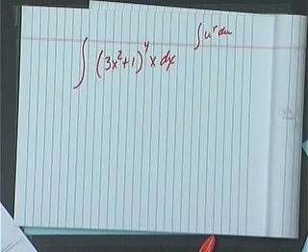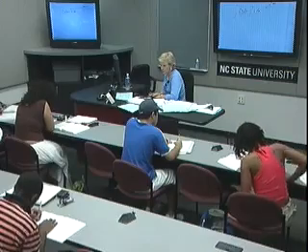You always find your u, make the substitution, and then go directly to the derivative and hope everything falls in place.